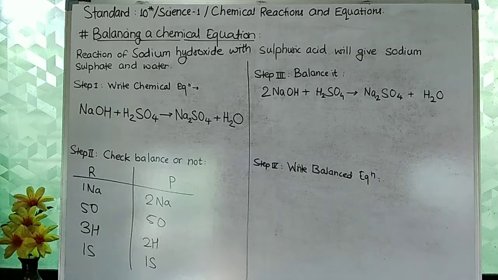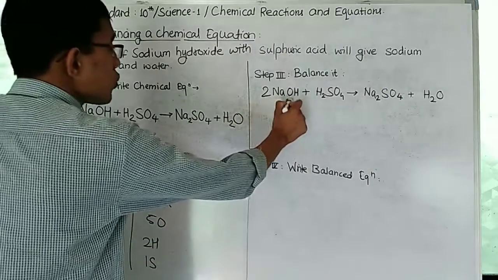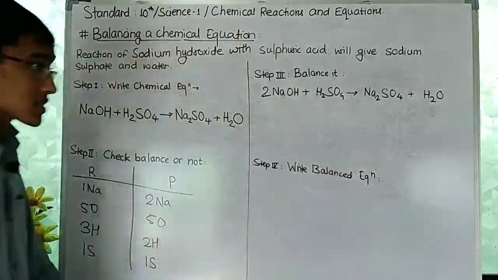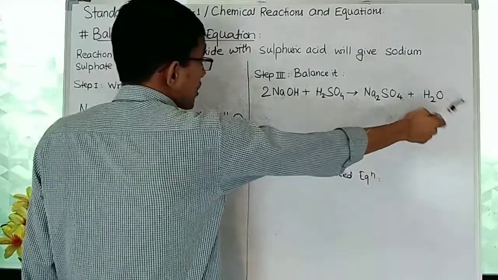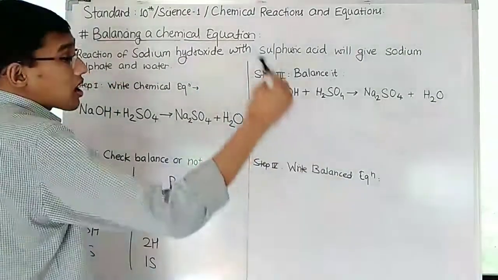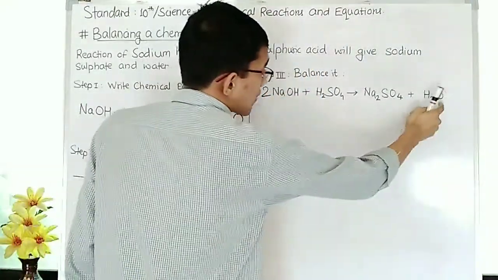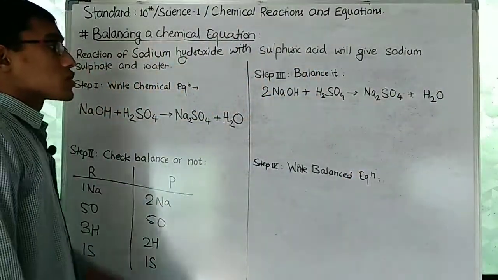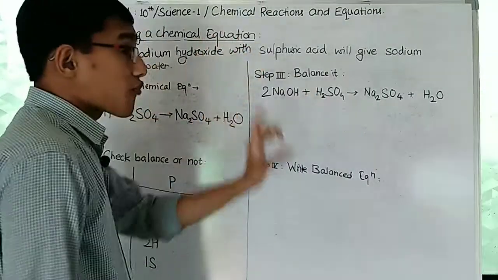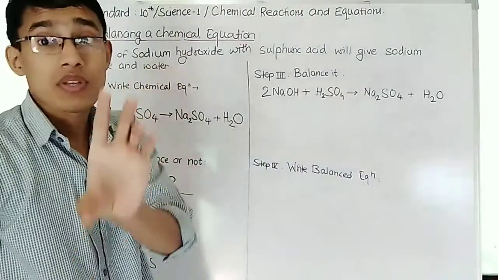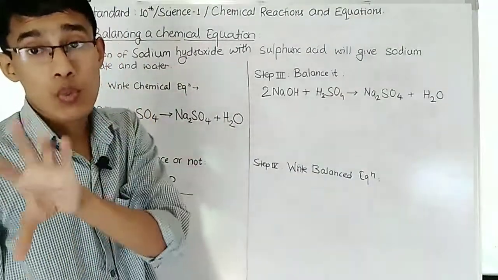Along with that, you can see the number of oxygen atoms is 2 plus 4, 6, whereas the number of oxygen atoms in the product side is 4 and 1, 5. So along with hydrogen we have to change the number of oxygen atoms also. That means we have to balance the oxygen atoms as well.